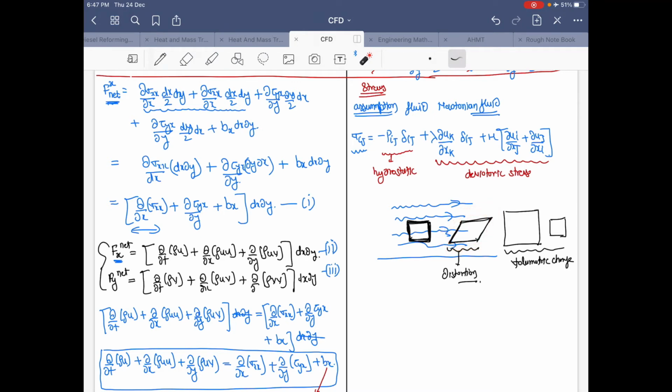It can distort. So that is another factor that we have to consider while writing the stress. So basically the deviatoric stress component takes care of distortion, and this component of the stress takes care of volumetric change.